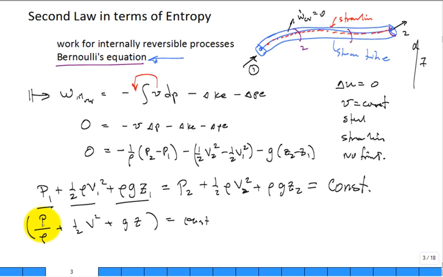Now this is not energy per unit volume, but energy per unit mass. And that's a little more familiar coming out of Thermo 1. It's 1/2 V squared or GZ, the kinetic and the potential energy per unit mass of the pack of fluid. And then there's another form, but one form of Bernoulli's is good enough.